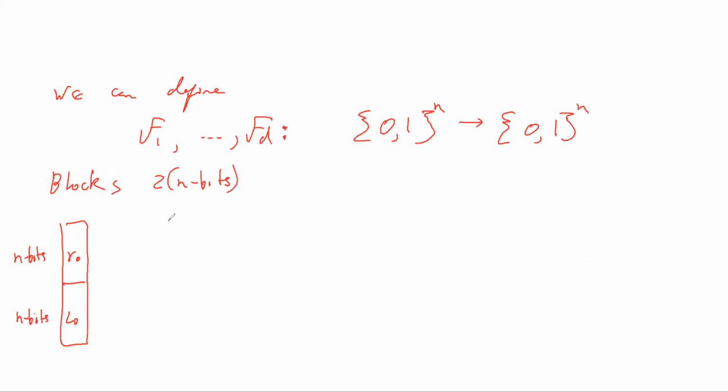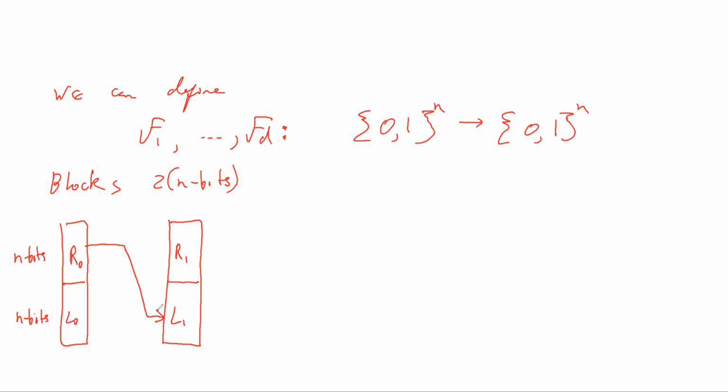Then we're just going to perform some shifting and moving of the data. We'll call this L1 and R1. Let's say R0 there. The R0 simply becomes L1. It slides down.